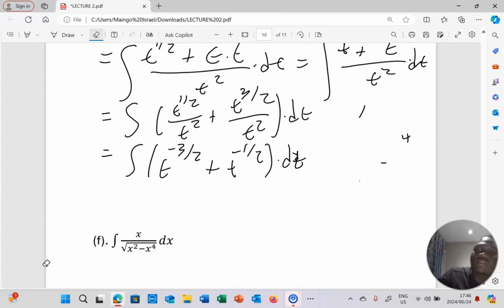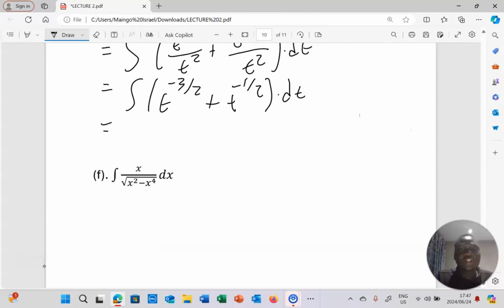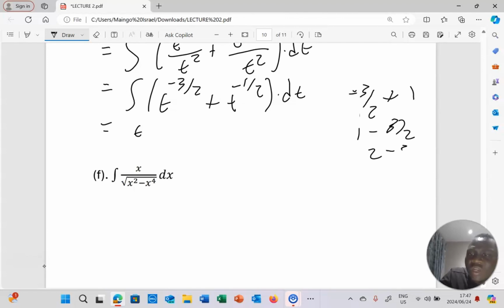Let's erase this rough work so that these problems cannot be mixed together. Because these two functions cannot be combined into a single expression, we need to integrate each function separately. So integrating this, it would be t to the power minus 3/2 plus 1, which is 1 minus 3/2, which is minus 1/2.